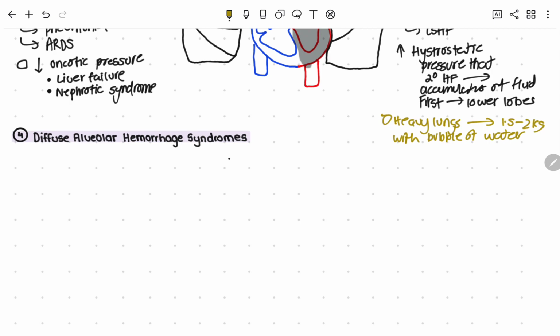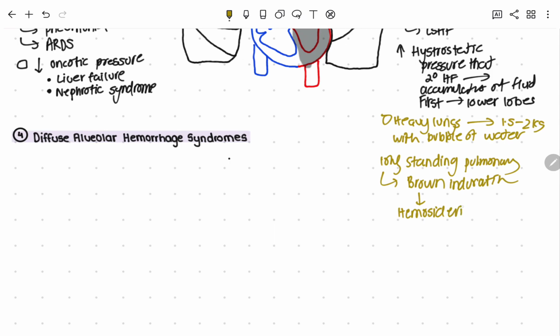And then in the cases of long-standing pulmonary congestion, so in long-standing pulmonary edema and pulmonary congestion, you can have something we call brown induration, which is characterized by the presence of hemosiderin-laden macrophages.